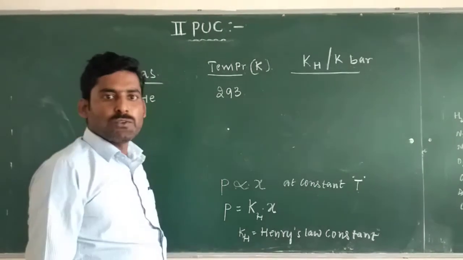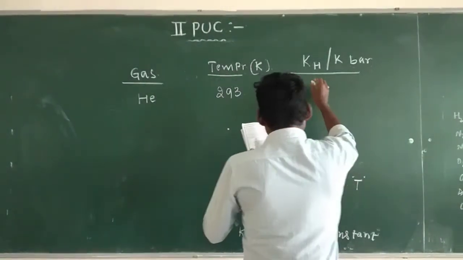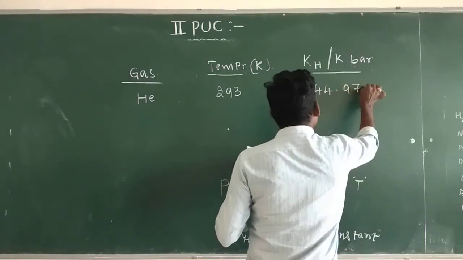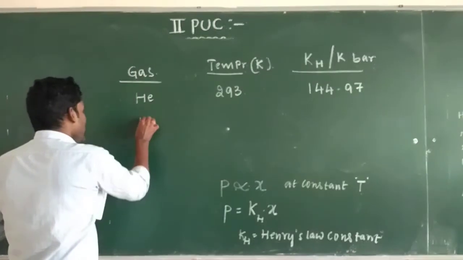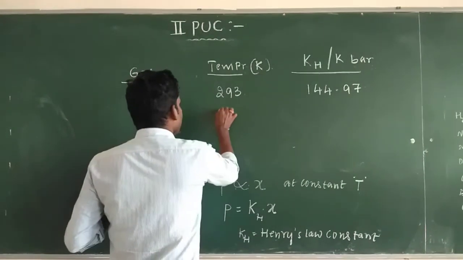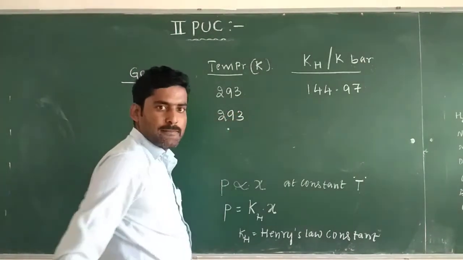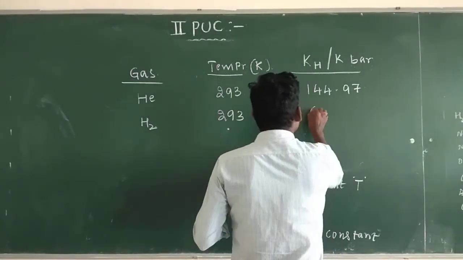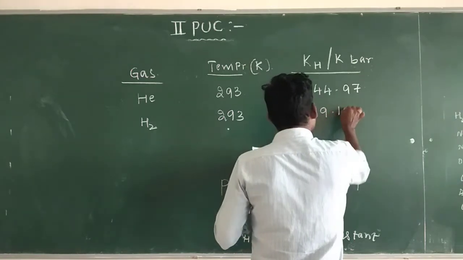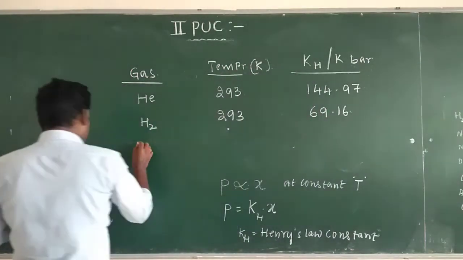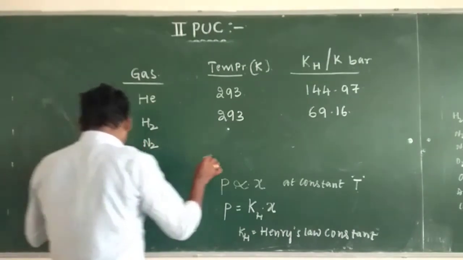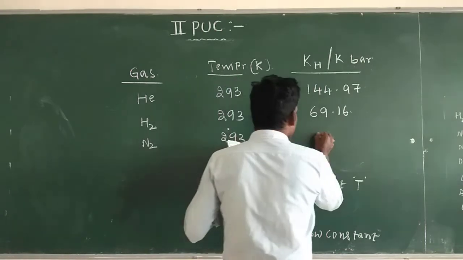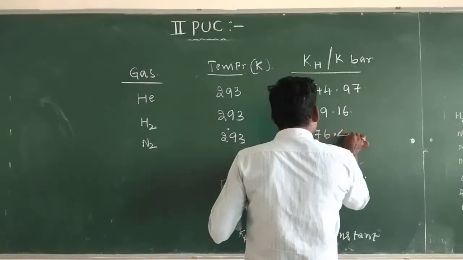Helium gas at 293 Kelvin has KH value of 144.97, and hydrogen gas at 293 Kelvin has KH value of 69.16, and nitrogen gas at 293 Kelvin has KH value of 76.48.